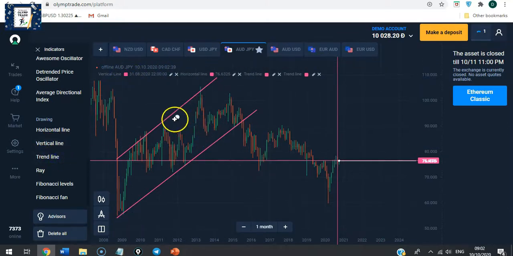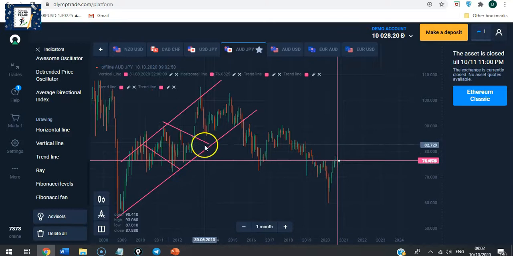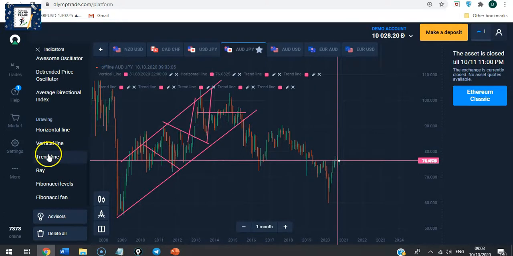I want the trend line, so you can see the market had a structure in here. Then it went up again. And then here, this is where the reversal began. And we began to have another structure in place.